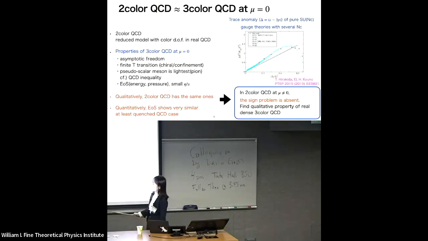Furthermore, quantitatively, for instance, the equation of state as a function of temperature shows very similar behavior between the 2-color case and the other-color QCD. This is the plot of the trace anomaly normalized by the gluon degrees of freedom. The trace anomaly is given by the internal energy minus 3 pressure, and the horizontal axis is the inverse of the temperature.